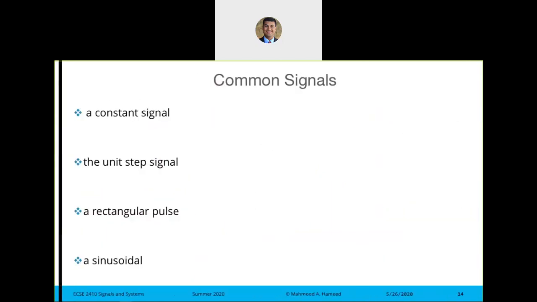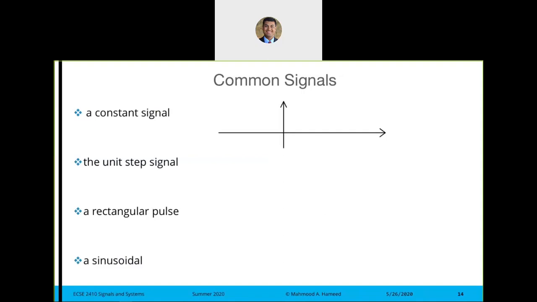Let's take a look at some common signals. And this list, we will add more to in the next lecture, which is tomorrow. Let's see. A constant signal. Okay, what does that mean? Constant does not change with time. Can be said as independent of time.